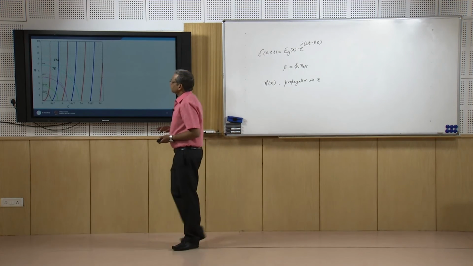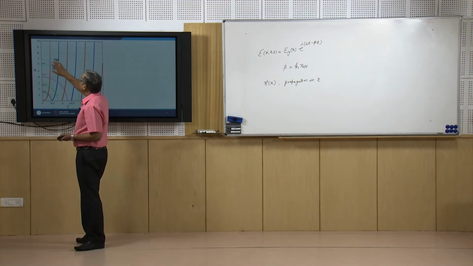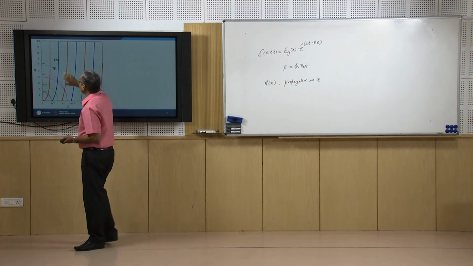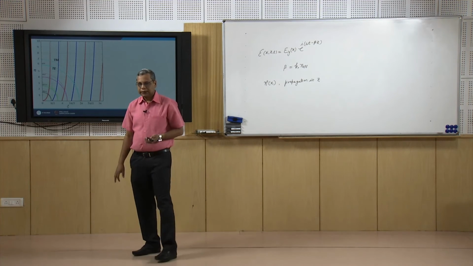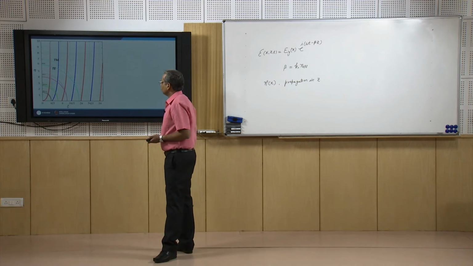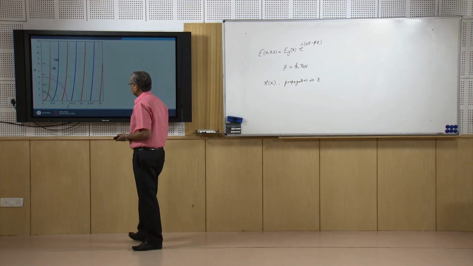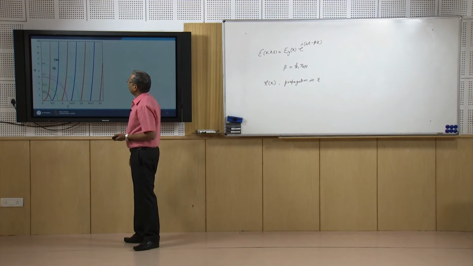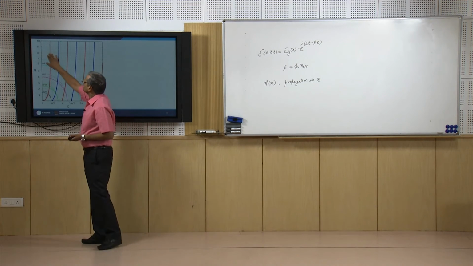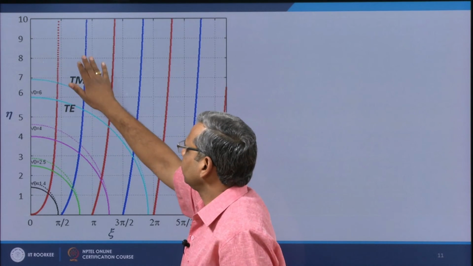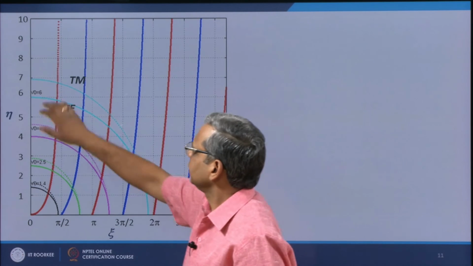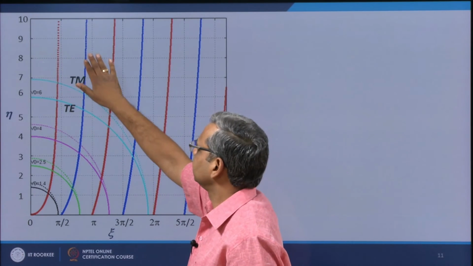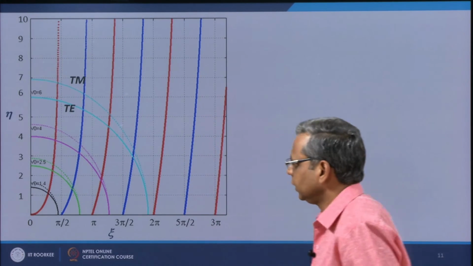So, I do this. Again these red curves show eta is equal to xi tan xi, and this is for symmetric modes, this is for anti-symmetric modes. Sorry, it is eta is equal to minus xi cot xi.